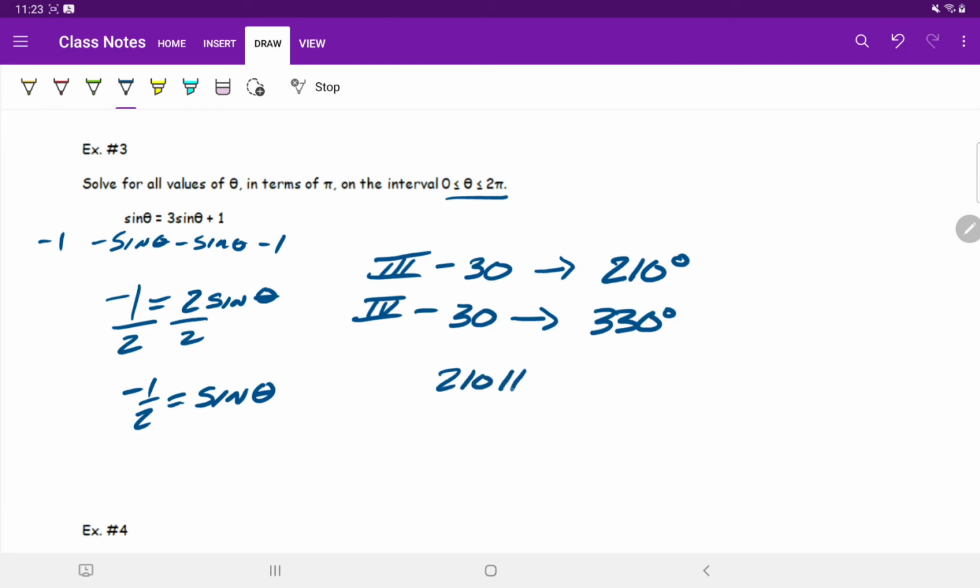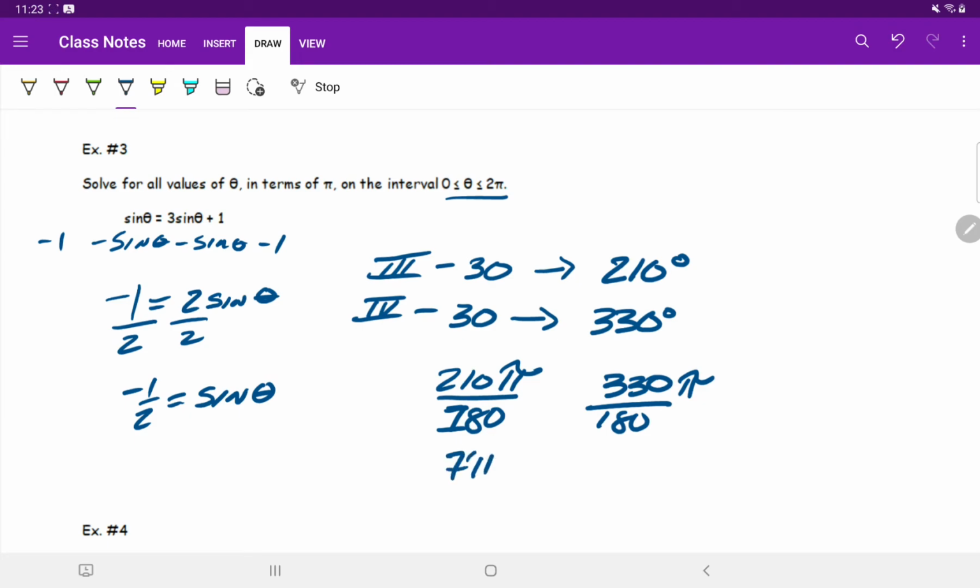So technically, this is a correct answer, 210 over 180 pi. And this is a correct answer, 330 over 180 pi. Sorry, ladies and gentlemen, I wrote an extra 3. Let's try that again. Those are technically correct, except they're just not in simplest form.